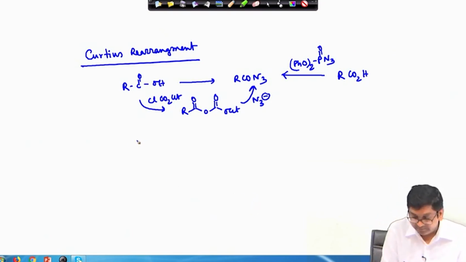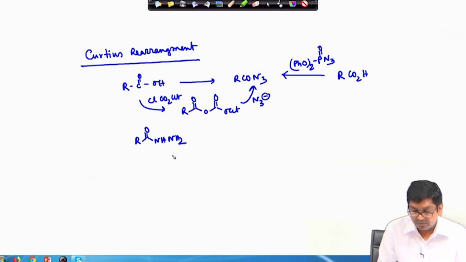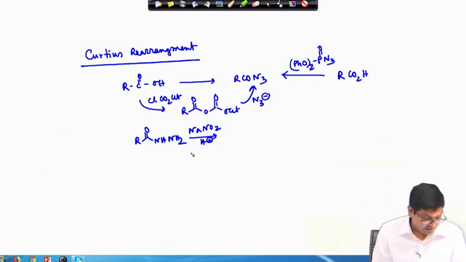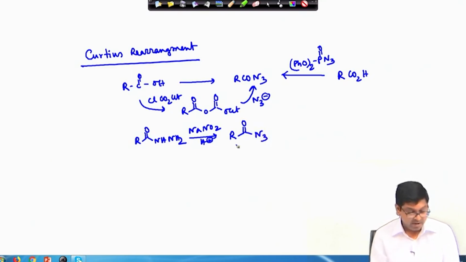Additionally, you can start from the hydrazide derivative, and in the presence of sodium nitrite under acidic conditions, that will also give you the corresponding acyl azide.